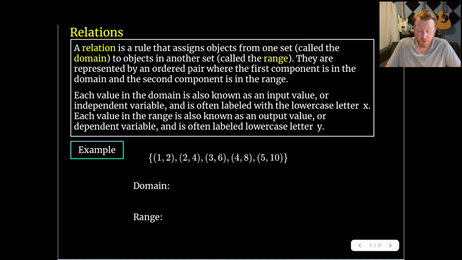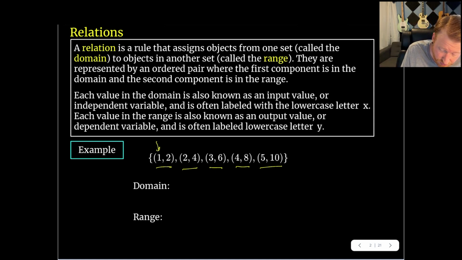We've got this set of ordered pairs: 1, 2, 2, 4, 3, 6, 4, 8, and 5, 10. Again, all of the values from the domain are going to be from the first component of each of these ordered pairs. If I would like to write my domain as a set, I could write that. We use these squiggly brackets to denote that we are writing things in a set, and they often get sloppy for me, so I apologize in advance.